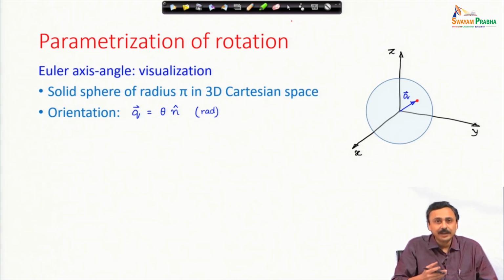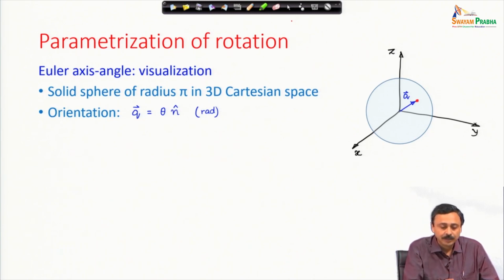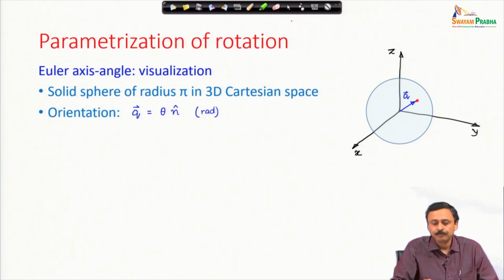If I now form a vector q, which is this angle in radian times the unit normal about which the rotation has taken place, this vector I say represents an orientation of a body, let us say. This is a 3 cross 1 vector, right. So, it has a representation in some Cartesian space.